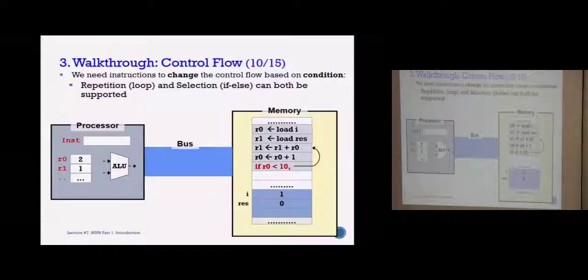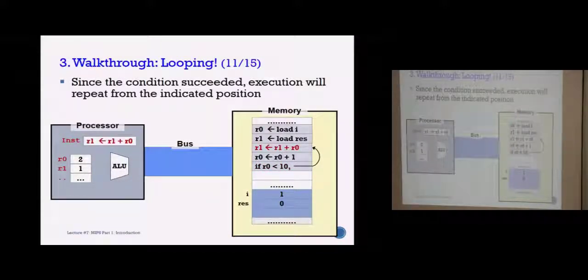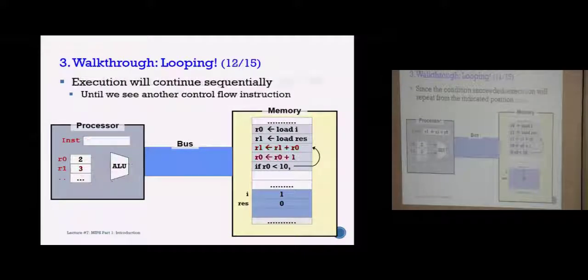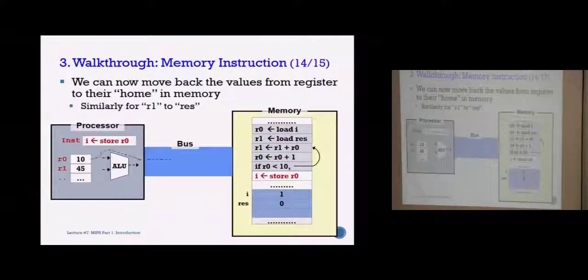So I keep on going through the loop until the condition is no longer satisfied. The whole process keeps repeating. Once I finish everything, the last step is to move the data back from my register to my memory.